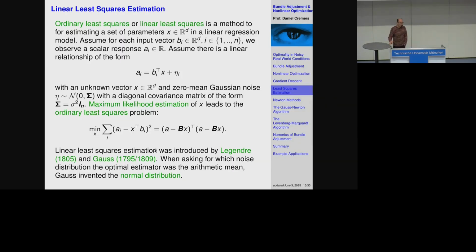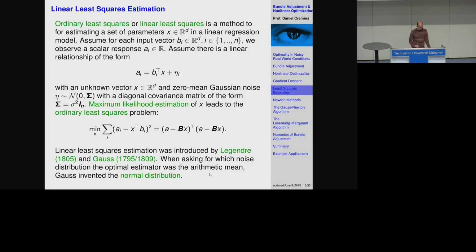The question that Gauss asked is, if you do least squares estimation and you want to fit a model, what noise distribution do you need such that the maximum likelihood estimator ends up being the mean? In which noise distribution do you get the arithmetic mean?